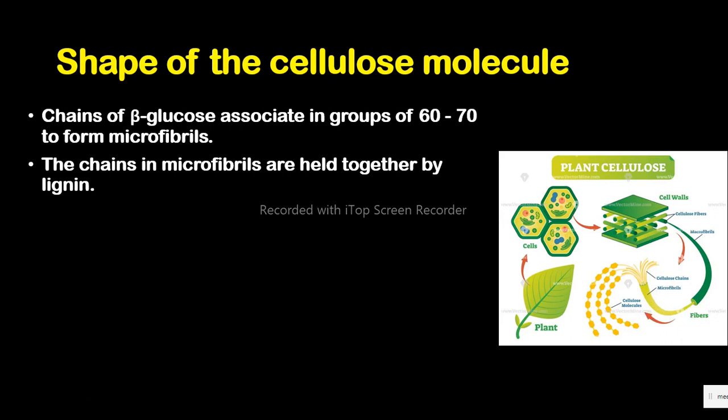It's like when you have very many ropes, and then you pass one single rope through to bind them, to hold these ropes together. So the lignin will pass through these very many microfibrils to bind them together.